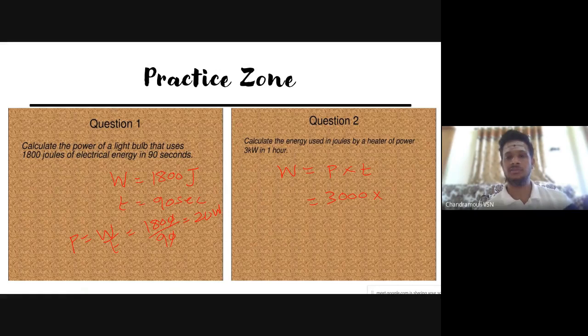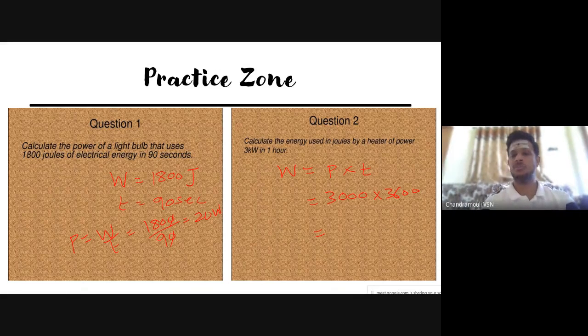An hour is 3600 seconds. So can anybody say what is 36 threes? 3 6 18, 1 remains. 3 3 is 9 plus 1. So 108 into 10 power 5 joules.